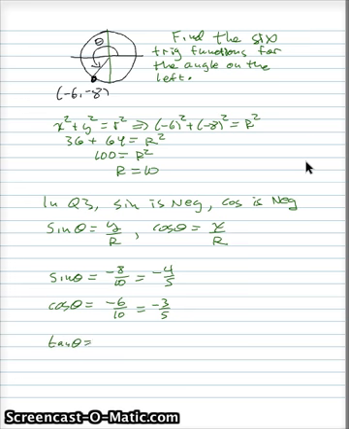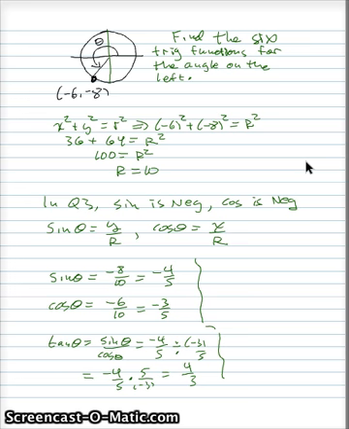Tangent of theta is sine theta over cosine theta. What's that going to give me? Negative 4/5 divided by negative 3/5, which is going to give me 4/3. Negative times a negative is positive 4/3. Now the reciprocals.